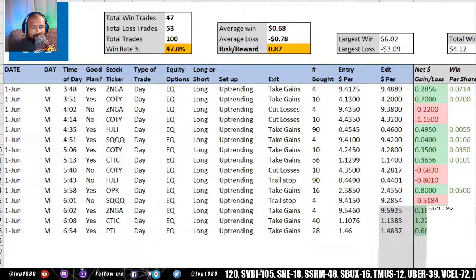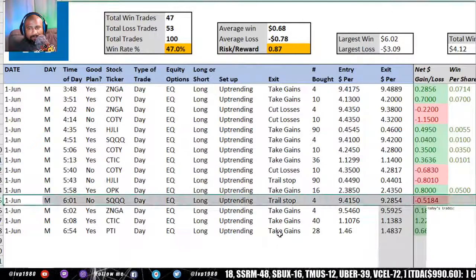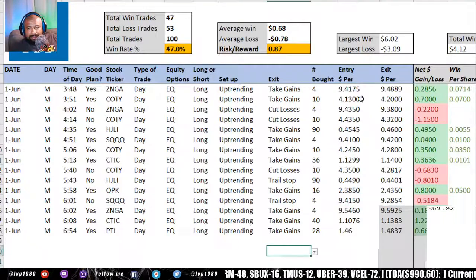So I'm not sure what the problem was, but as you can see, there was mostly green trades. I had 5 that were on the downside. Unfortunately, the biggest transactions were the red transactions.